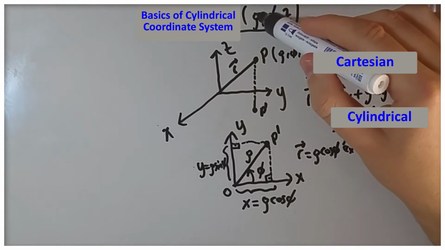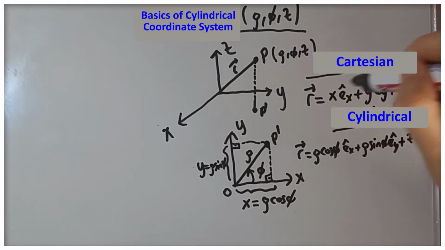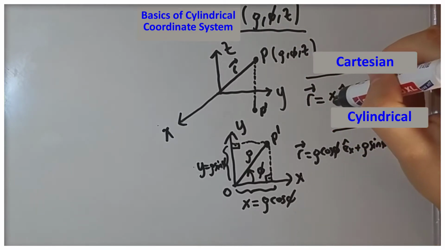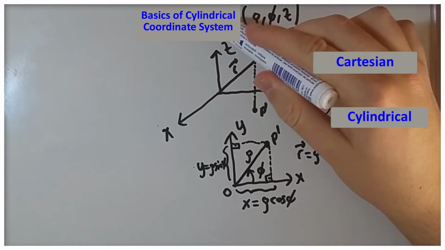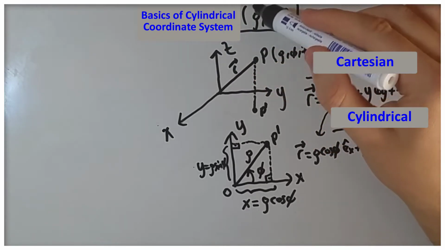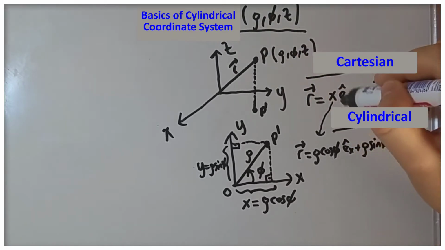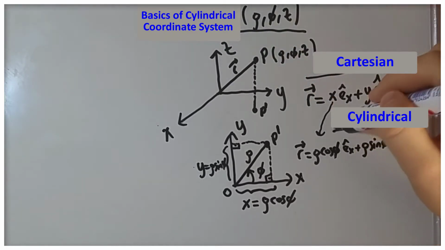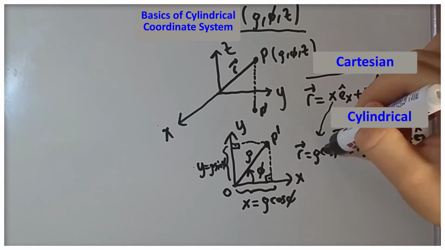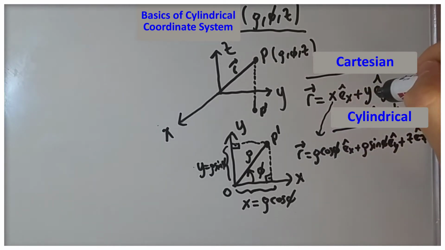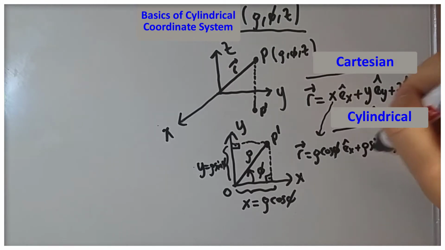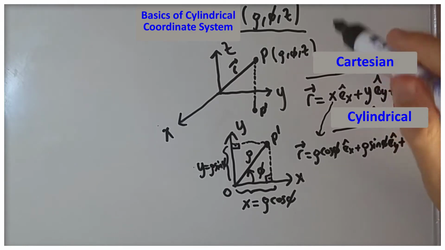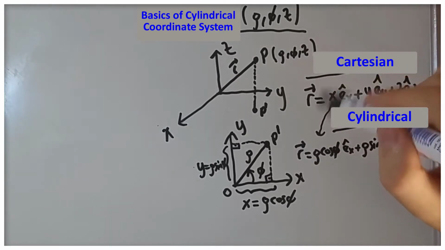Why did I change this here? Because there is nothing in terms of x and y here. If you pay attention to my x and y, how did I express it? I express x in terms of ρ and phi, which are the new elements of this coordinate system. See here, ρ and phi, no x is left. Likewise, since there is no y here, I also have to express it in terms of ρ and phi, and expressed it as ρ sin phi.